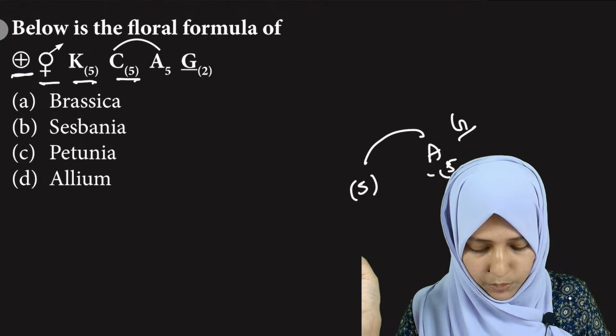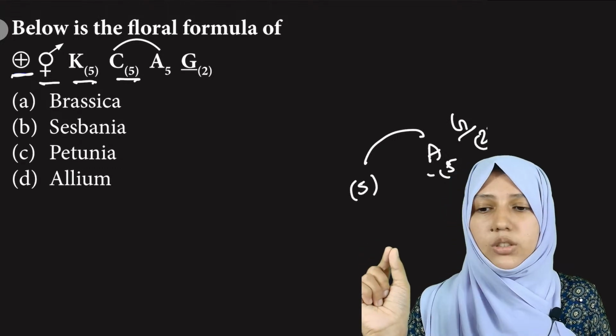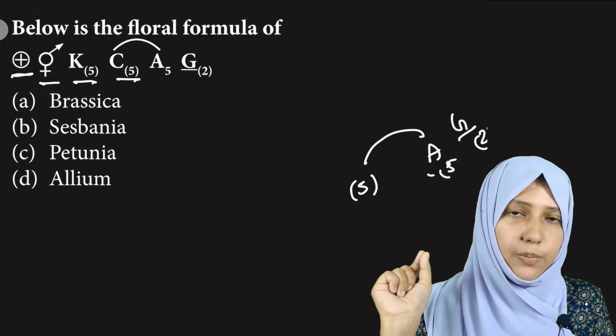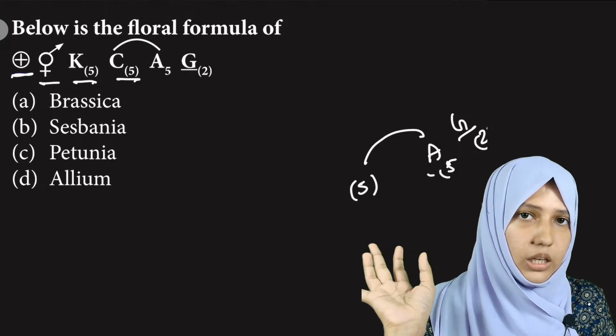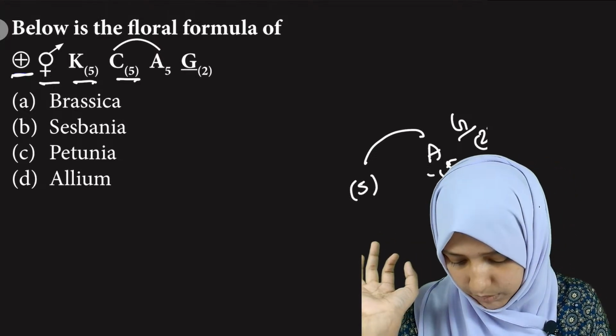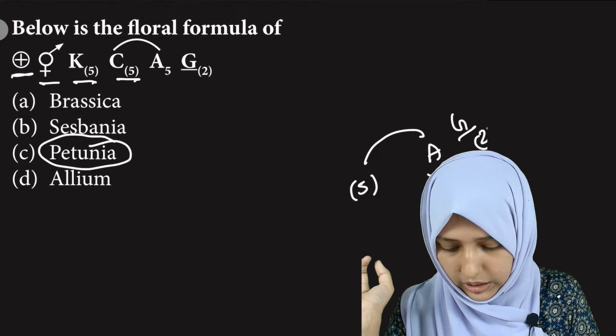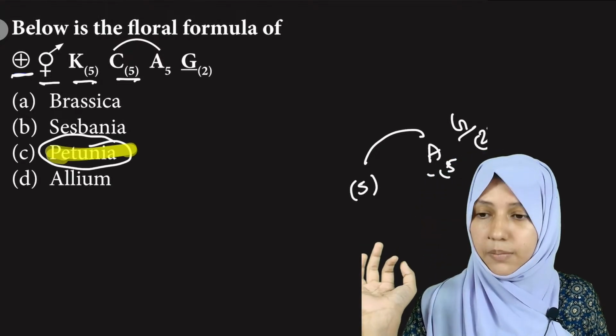And gynoecium is superior, and there are 2 and they are fused. So this type is present in family Solanaceae. Okay, potato family, and petunia belongs to the potato family. So the answer is petunia, option C. Clear?